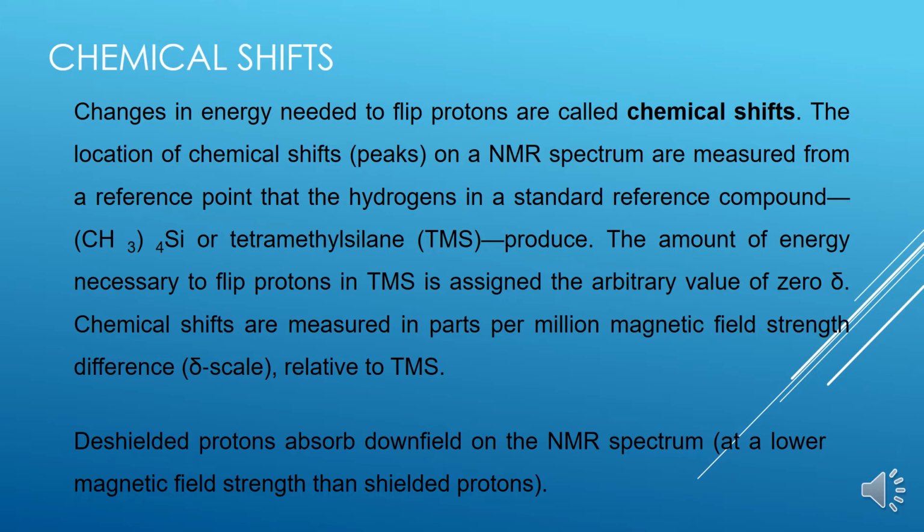Now coming to the de-shielded proton. A de-shielded proton absorbs downfield on the NMR spectrum, at a lower magnetic field strength than shielded protons. These de-shielded protons occur away from the tetramethylsilane peak.